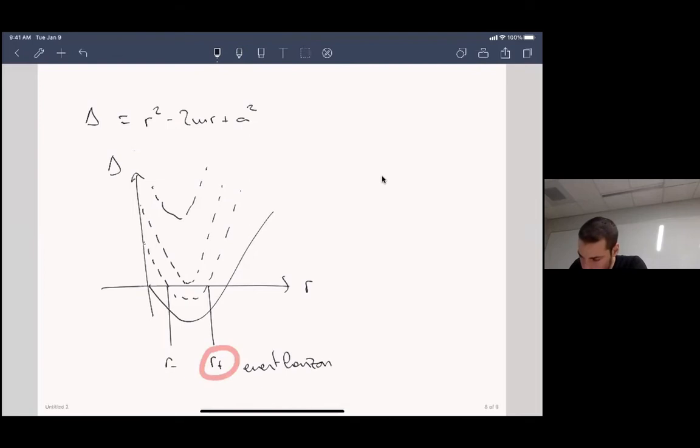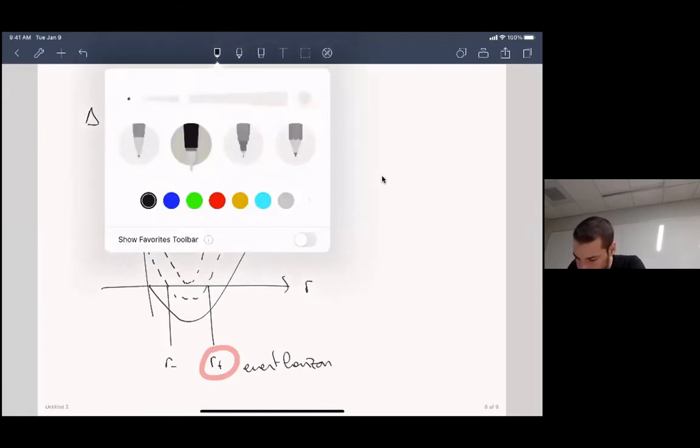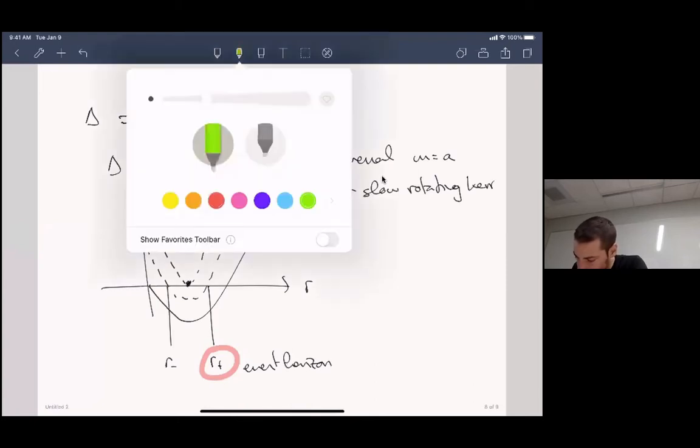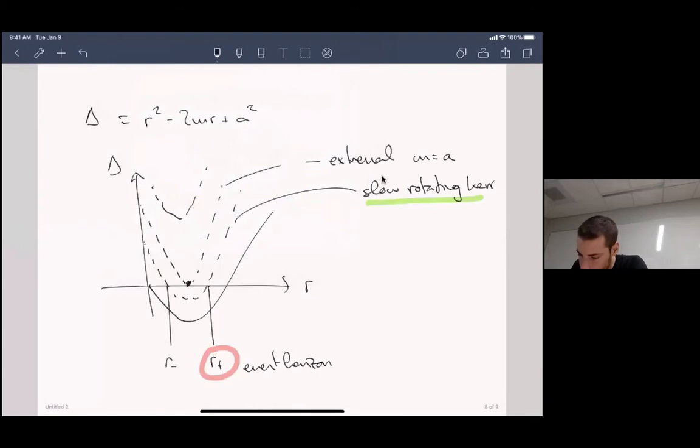Then when a is large, when a is extremal, there's only a single root. This is called extremal, and that happens when M equals a. This is called slowly rotating Kerr, the physically interesting one. And this is the fast Kerr; we don't believe that extremal black holes are out there.